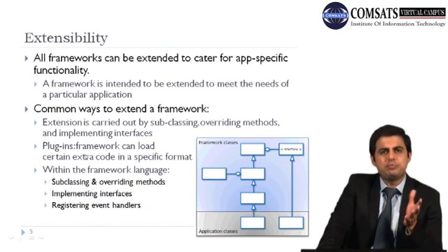Now the framework has been provided by vendors, but they are open source frameworks. And what you can do is simply take another framework and extend the previous one with the new framework or some features of the new framework.